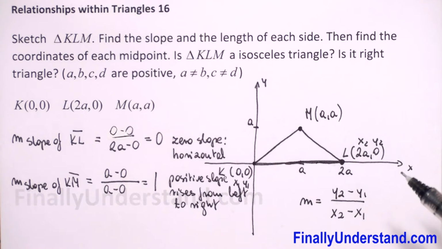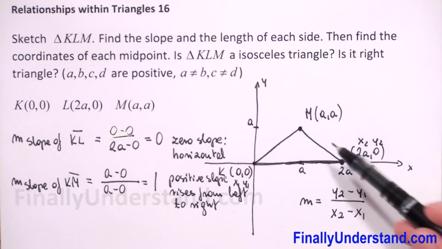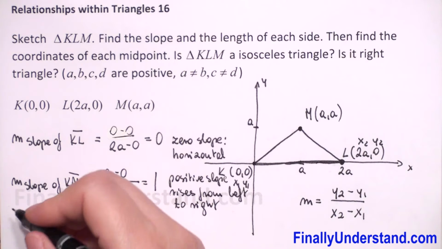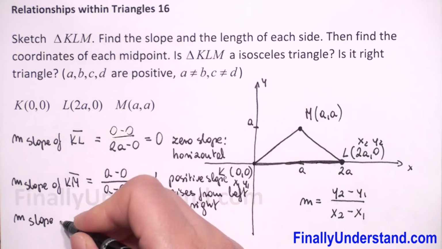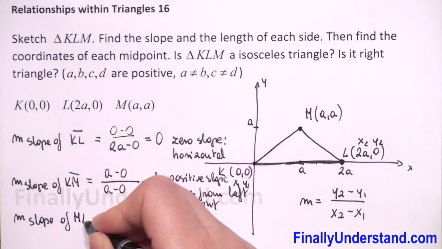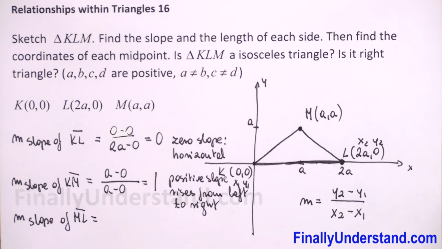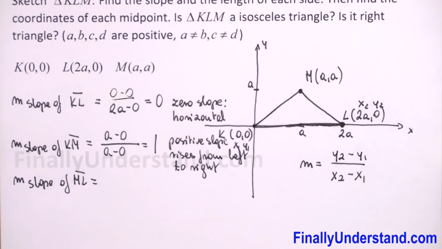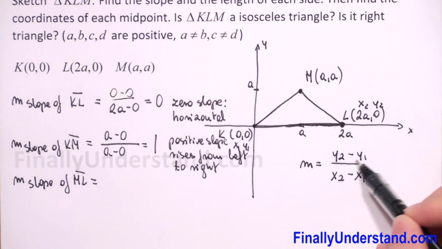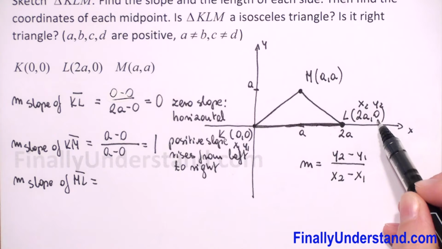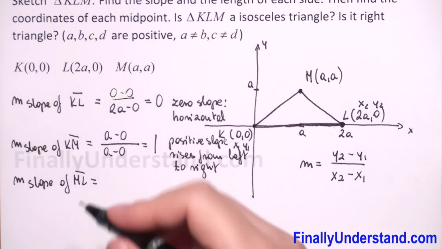Next we have to find slope of ML segment. So again, L is the last point. So we have to first subtract in numerator y coordinates, so it will be 0 minus a.